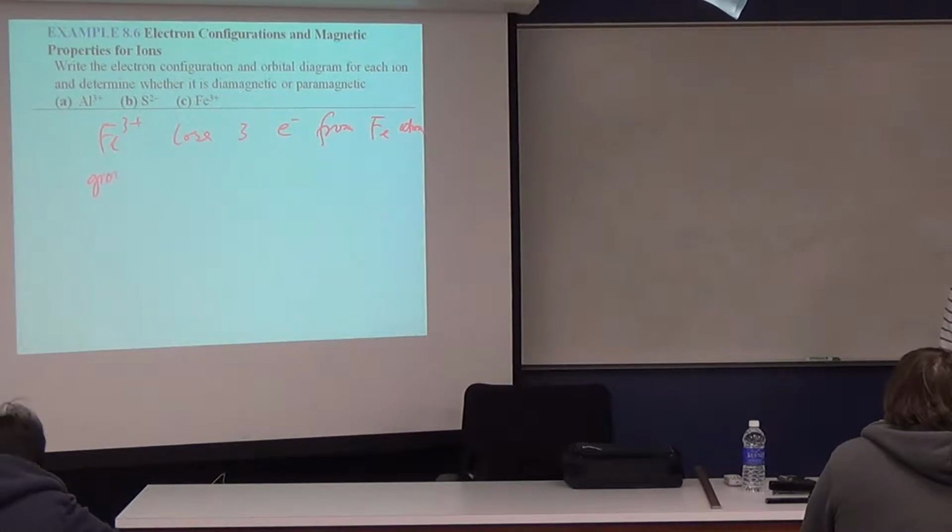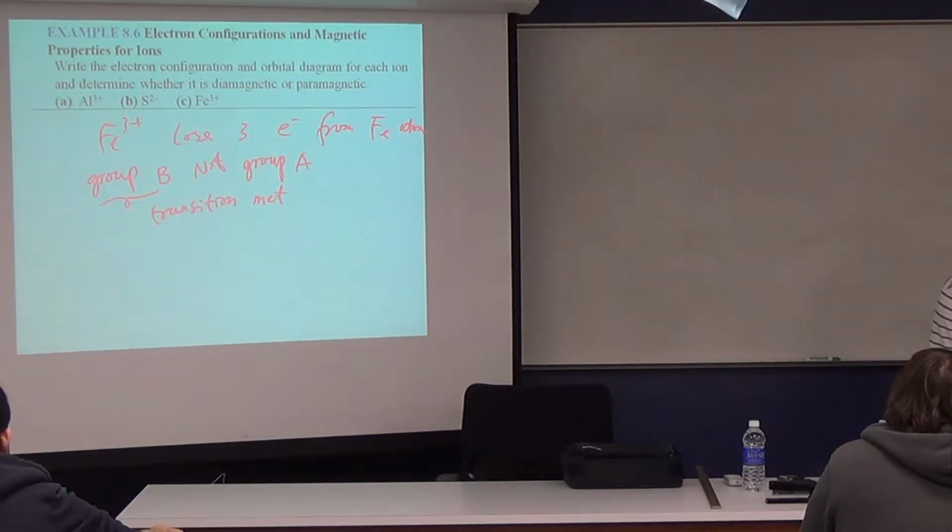Let's first identify the group number for Fe. Fe is group B, not group A. Group B tells you it is a transition metal.